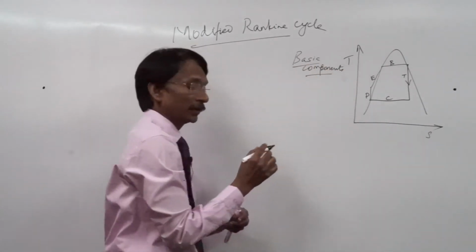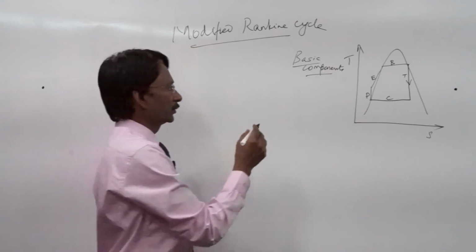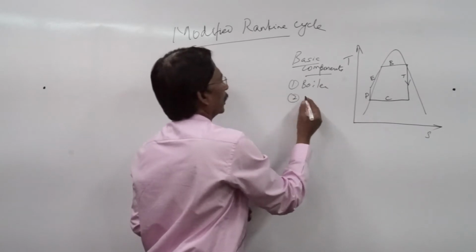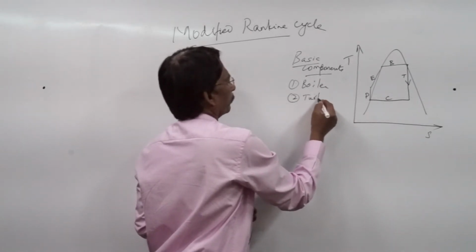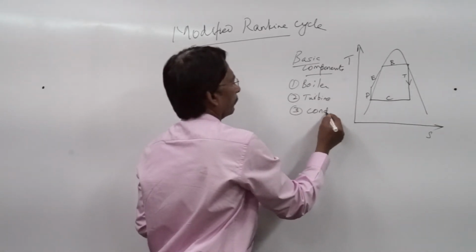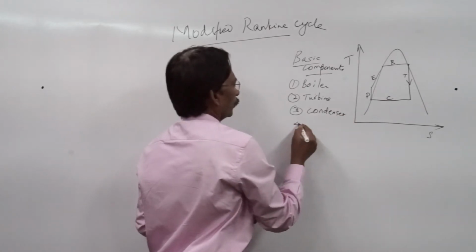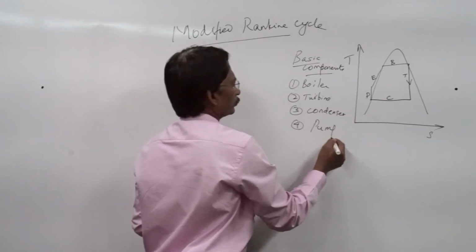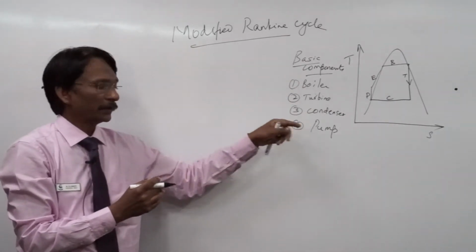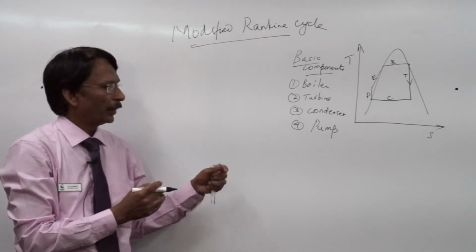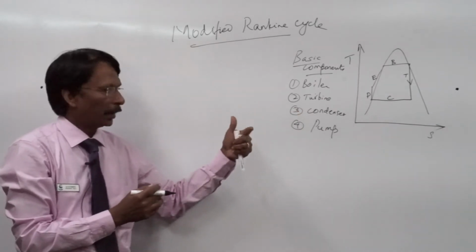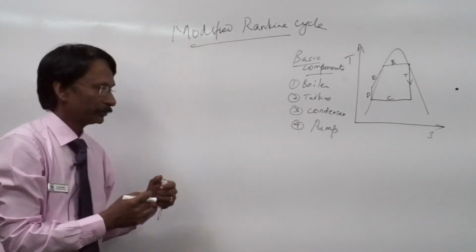We saw that the essential components in a steam power plant are: 1, the boiler, 2, the turbine, 3, the condenser, 4, the pump. Now, when I want to enhance the efficiency of a steam power plant, I go for a modified Rankine cycle.